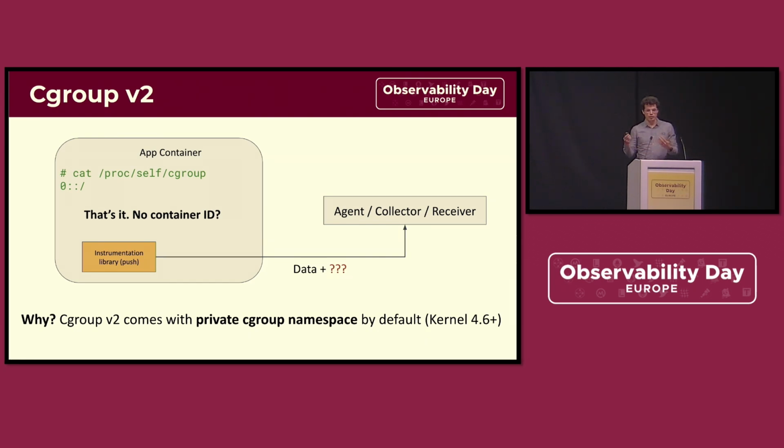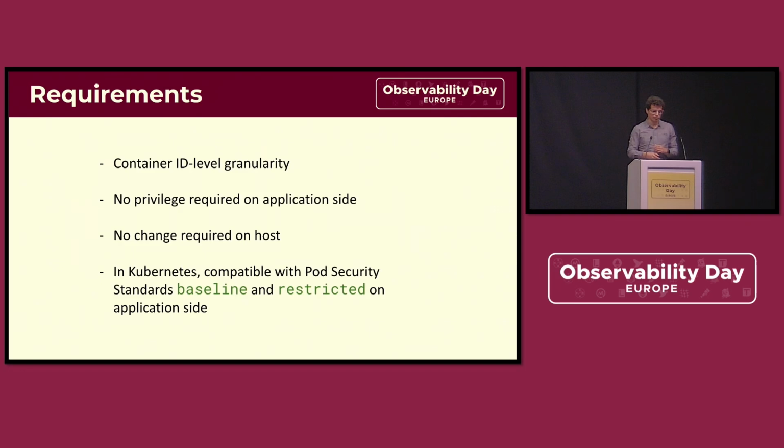So how do we solve this issue? Well, before diving into the solution, let's have a look at the requirements we want for this solution. The first one is we want to keep container ID level granularity, because this is the current level of data we have, and it's the best granularity we have.